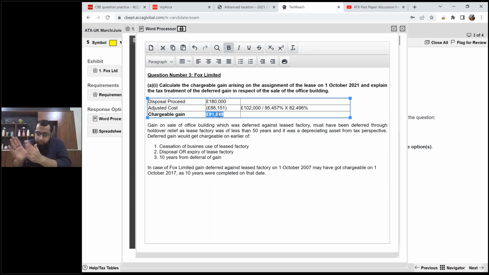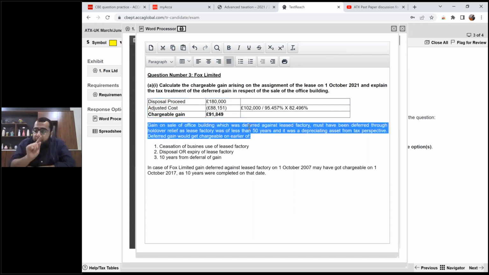Don't mix the things. Now let's talk about the deferred gain. The gain of the building was deferred against this factory. The factory which you have sold, one gain was deferred with it. Since that gain was deferred through holdover relief, that gain, not the lease gain, is of the office building.